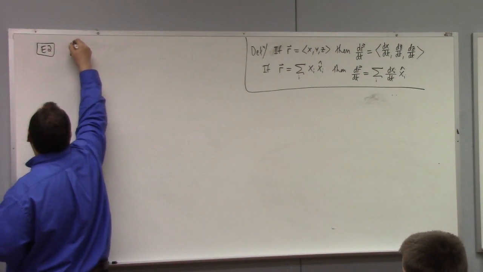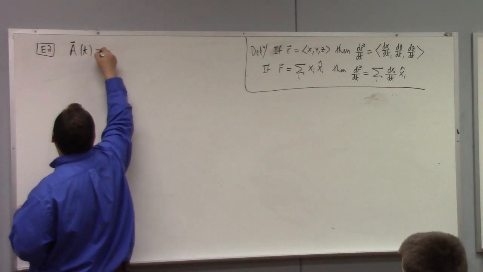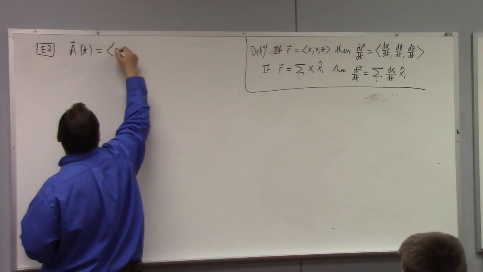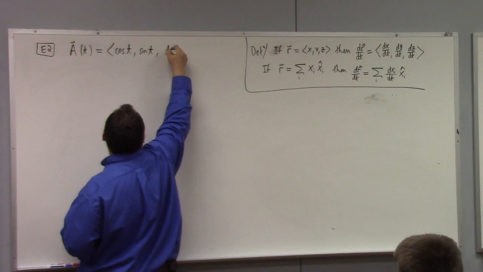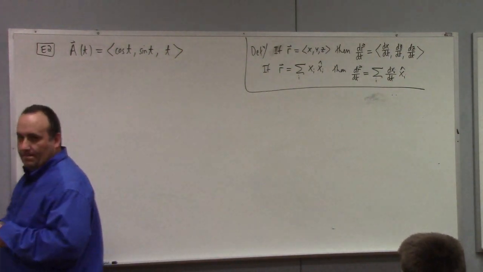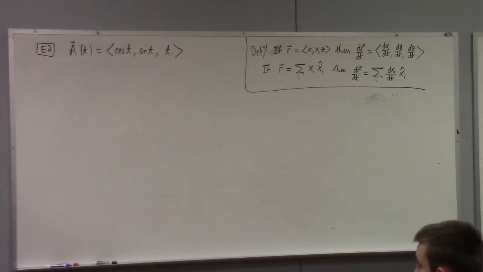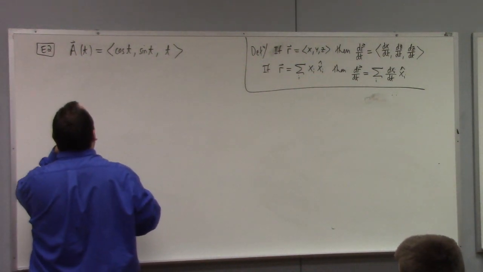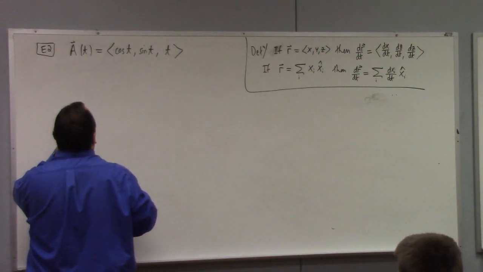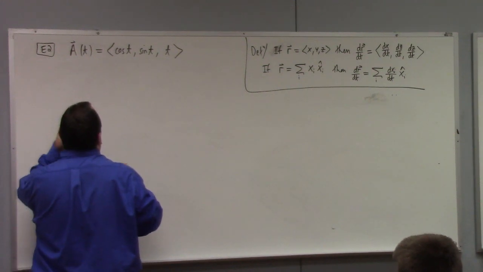Okay, so for instance, A of t could be equal to, I don't know, (cos t, sin t, t). There's one, right? That doesn't illustrate what I was just telling you, but let's do this one.